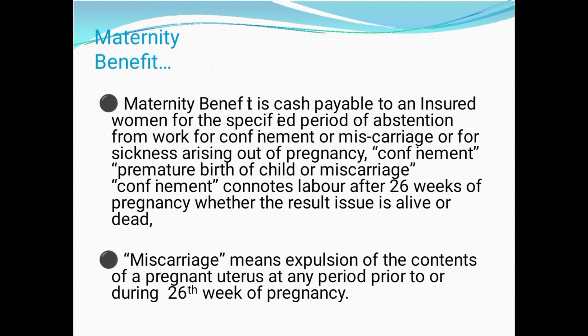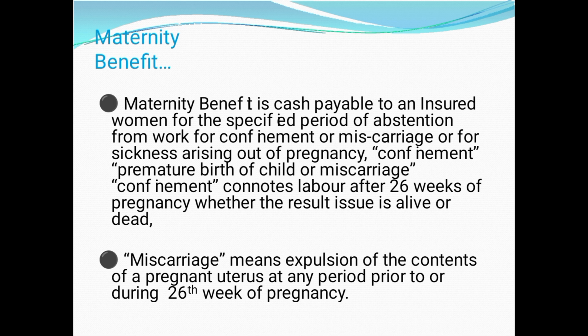insured woman for the specified period of abstention from work for confinement or miscarriage, or for sickness arising out of pregnancy, confinement, premature birth of child or miscarriage. Confinement means labor after 26 weeks of pregnancy, whether the result is alive or dead.